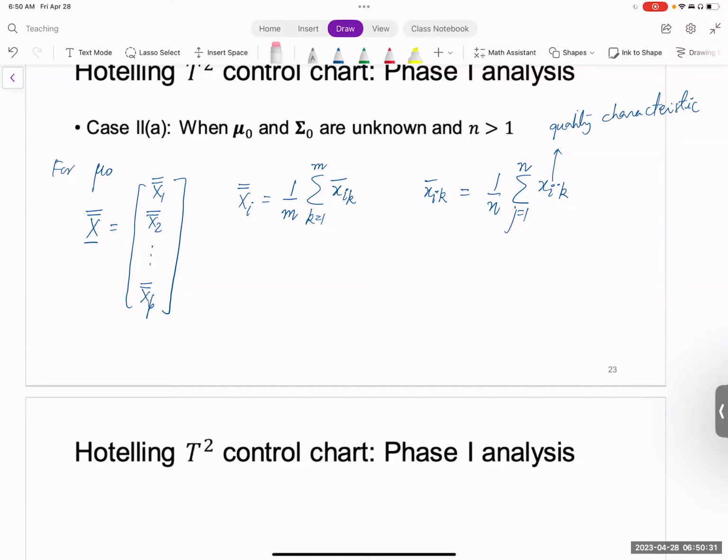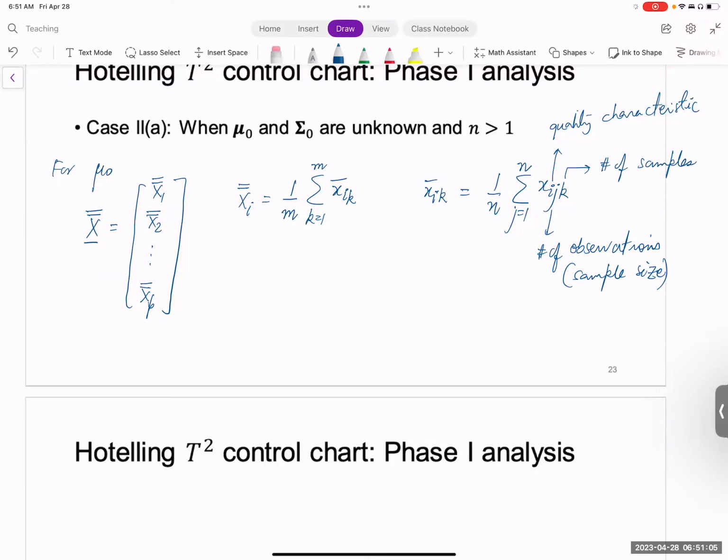J is your number of observations, which is also the sample size, and that is always 1 through n, and then k is your number of samples. Okay.